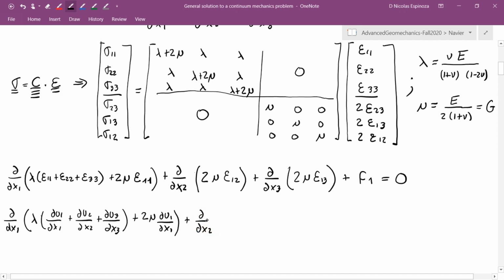and here this is going to be 2 mu, and now the definition of epsilon 12 is 1/2 of du1 dx2 plus the cross derivative du2 dx1, and something very similar is going to apply for the third term.